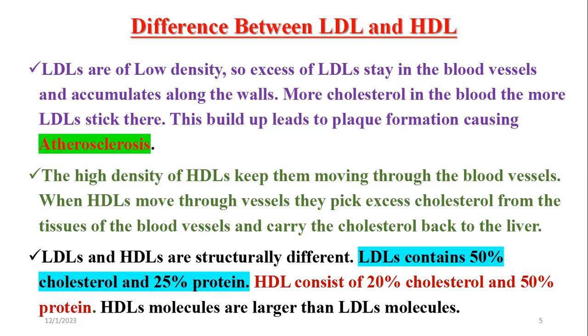The high density HDLs keep moving through the blood vessels due to their high density and momentum. When HDLs move through the vessels, they pick excess cholesterol from the tissues of the blood vessels and carry the cholesterol back to the liver, where it is converted into the bile acids and excreted.